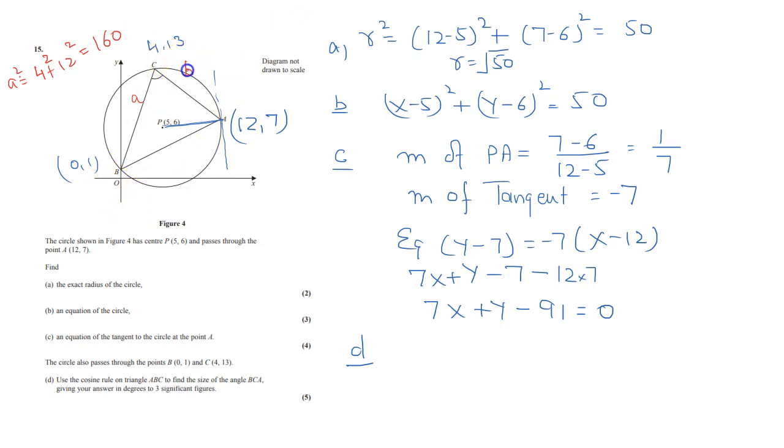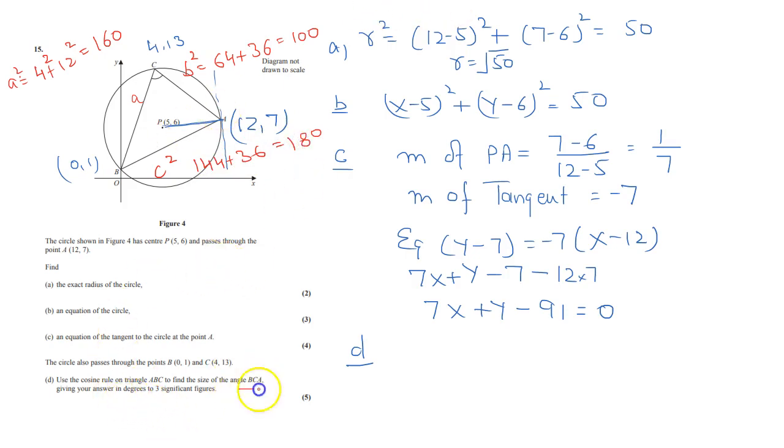This is B, so B square is 12 minus 4, that is 8 square, 64, plus 13 minus 7, that is 6, so 36, is equal to 100. Now this is C. So 12 minus 0 square is 144 plus 7 minus 1, 6 square, is 36. So that is equal to 180.